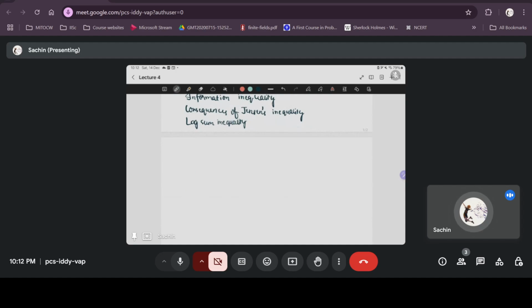So first, let's start out with Jensen's inequality.